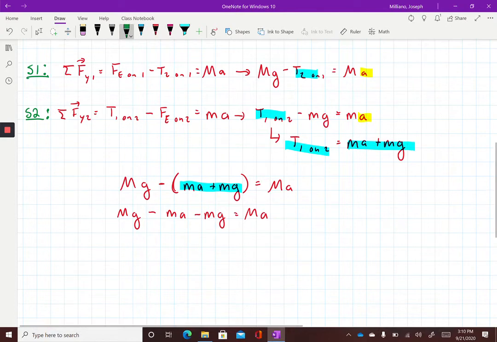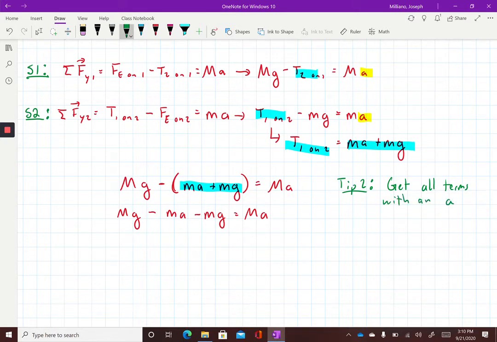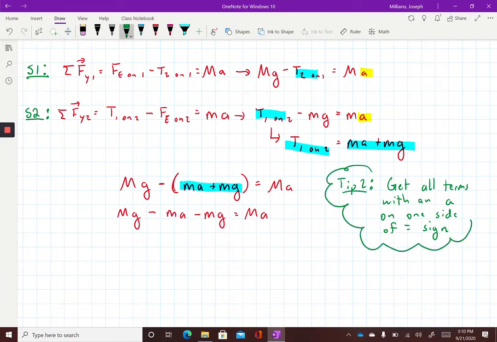We are now ready for pro tip number 2. We're trying to solve for acceleration, so we want to get all terms with an acceleration term a on one side of the equal sign. So that's pro tip number 2 to keep in mind. What does that look like for us?